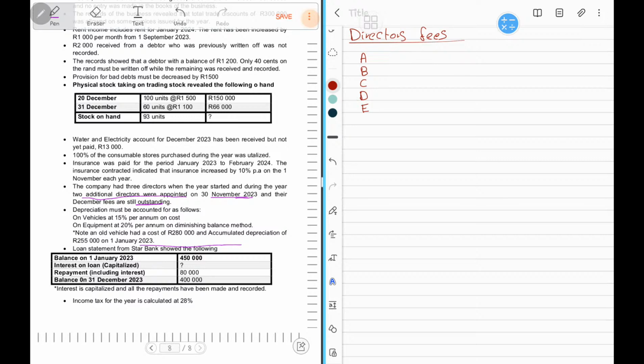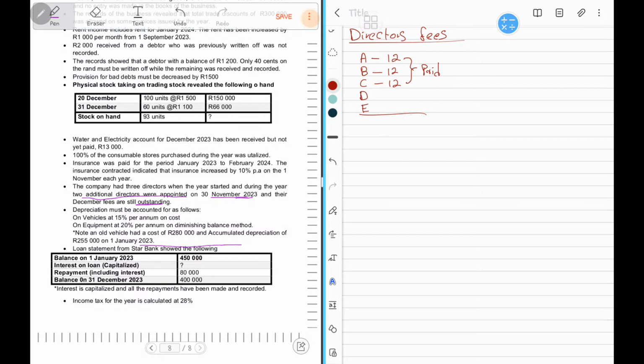Okay, so director A, they worked for how many months? For 12 months. Director B, 12 months. Director C, 12 months. Now these 3 directors were paid, while the remaining ones were not paid.